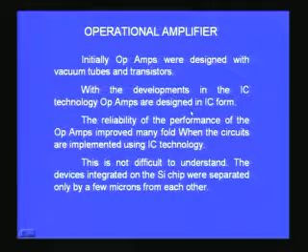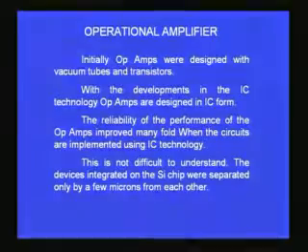They are very small in size. There are several advantages. They operate at very low voltages, very low power levels, whereas if I have vacuum tubes and transistors, sometimes for example I have to operate them at very high voltages like 100, 200 volts, and in the case of transistors I should apply 20, 30 volts. In the case of op amps, you can have even 1 volt, 2 volt operational amplifiers which can operate on very low voltages and very low power levels.